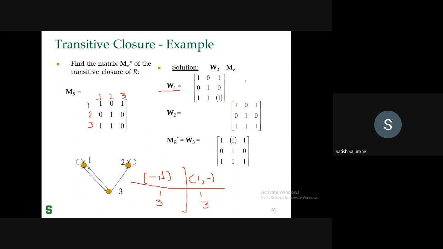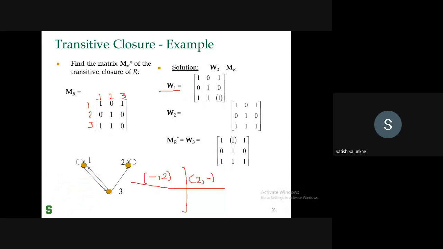Similarly, we need to find out now, what is something comma 2? And what is 2 comma something?